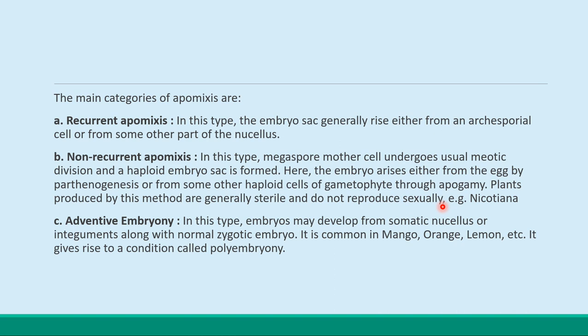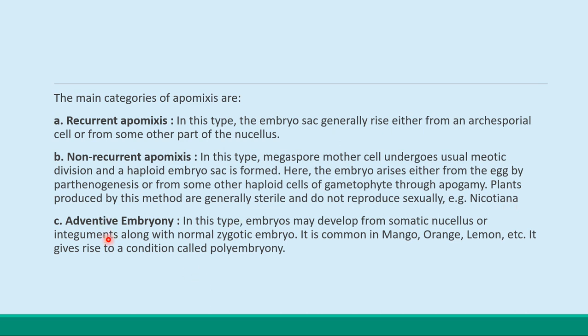That means embryo कुठून तयार झालाय, either from the egg by parthenogenesis or from some other haploid cells of the gametophyte through apogamy. Plants produced by this method are generally sterile and do not reproduce sexually. An example is Nicotiana.